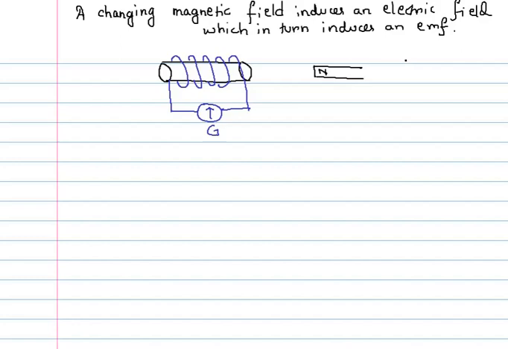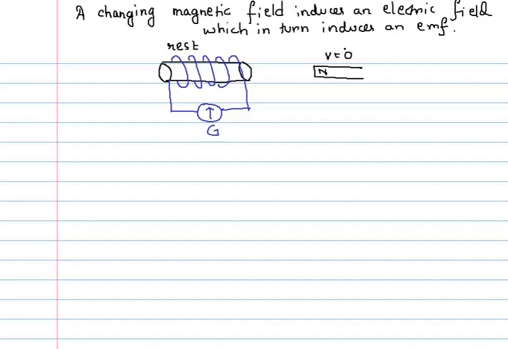So how is that induced EMF produced? What is the experimental observation? First, when this magnet is at rest, that is v equal to 0, and this solenoid is also at rest, there is no deflection in the galvanometer, which means no induced EMF is produced.